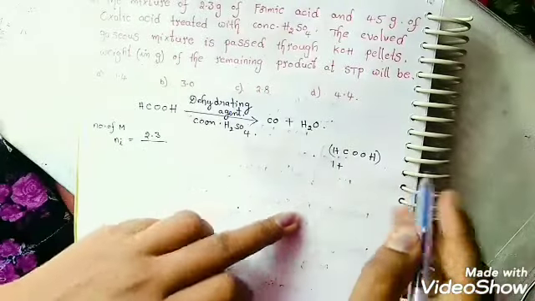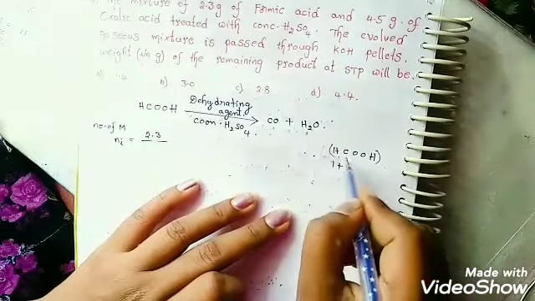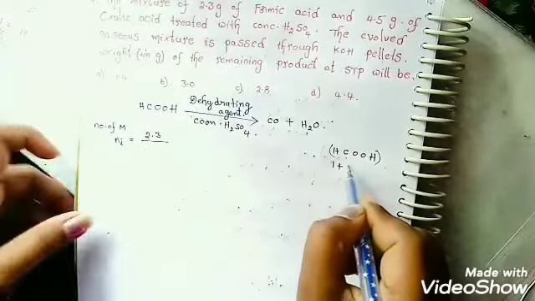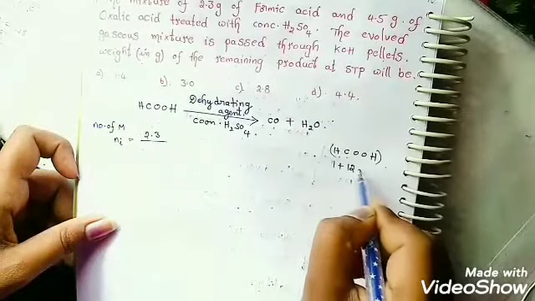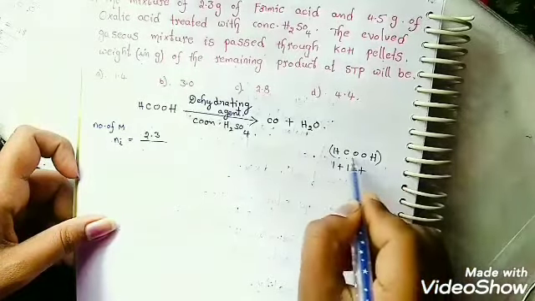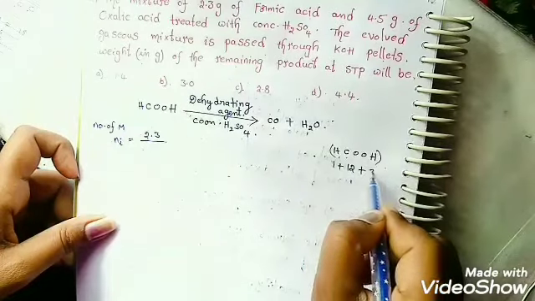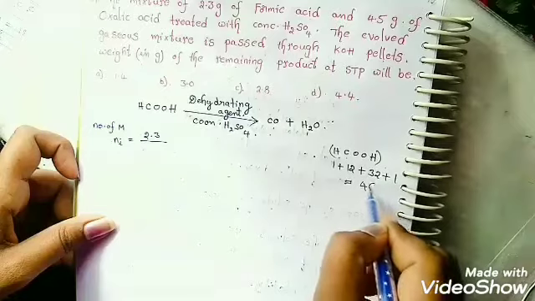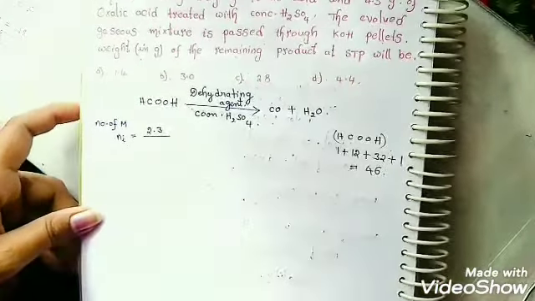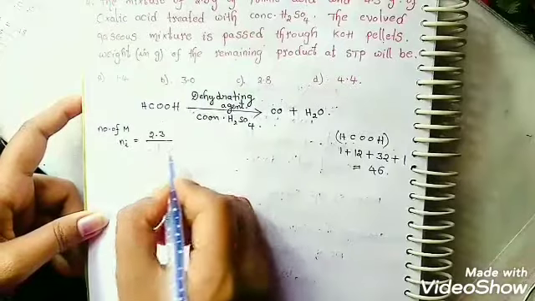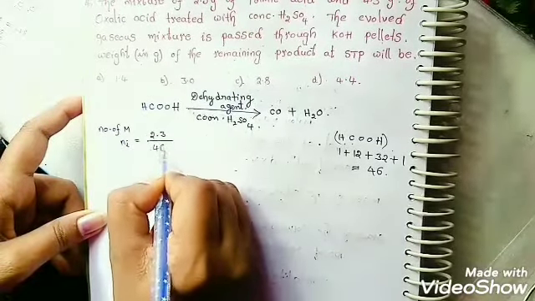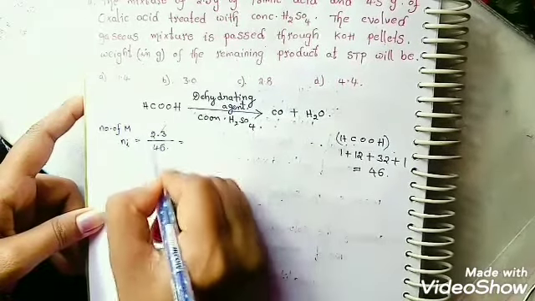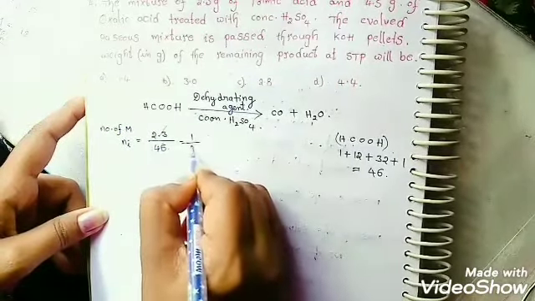For this molecular formula HCOOH you calculate hydrogen plus carbon, atomic mass 12, plus 2 oxygen atoms, so 32, plus 1. If you simplify this, you get 46 as the answer. So you can take the mole number in the place of initial moles. Students, if you simplify this, the answer must be 1 by 20.